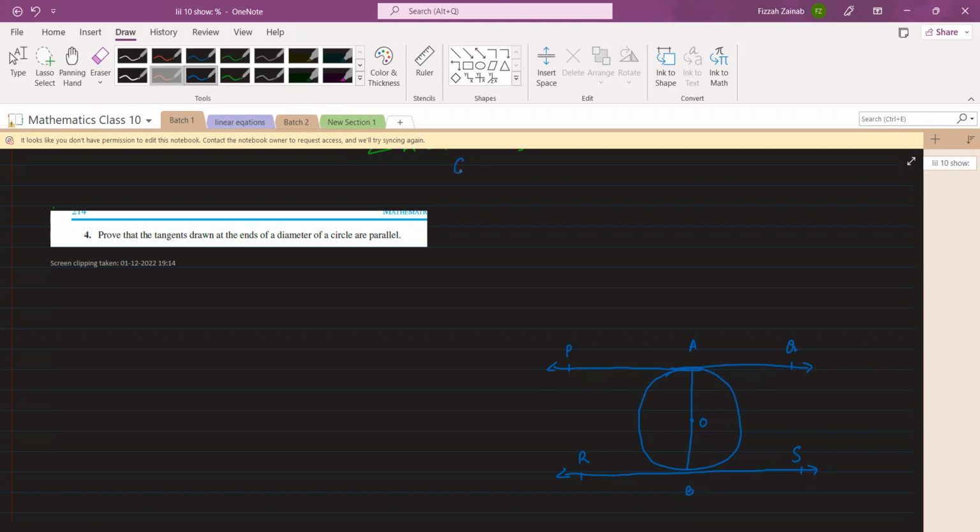Okay, so what is given now? PQ and RS are two tangents to the circle, let's say C, whose center is O and radius is R. And AB is a diameter.